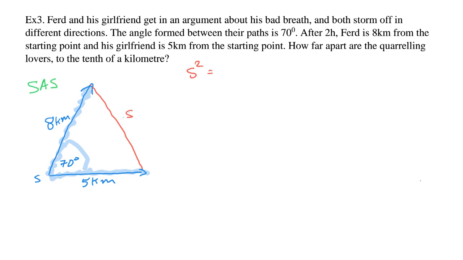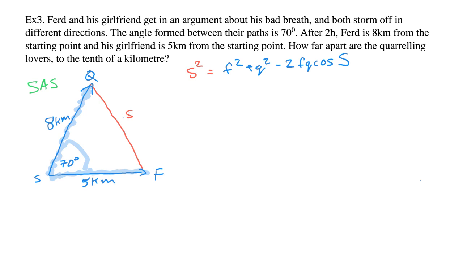So in order to do that, we can put in all the stuff that's here. Let's call it S, and then this one will be F, and then this one will be Q for her name. I don't know what her name is. So we're going to have S squared is equal to F squared plus Q squared minus 2 times FQ cosine of big S, the angle between them.